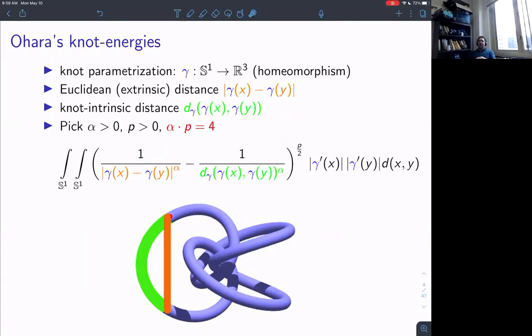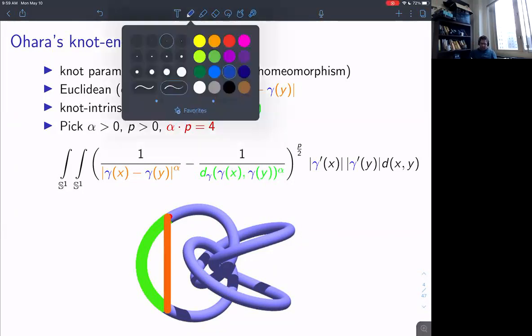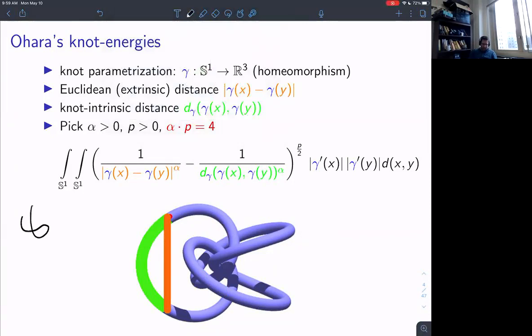Well, they are minimizing within their isotopy class, right? The circle has energy 4 pi, but you can subtract 4 pi, then it's 0 as it should be. But you have the minimizing sequence in the knot class where we say we have a trefoil, right? I cannot draw these things, like a pretzel.